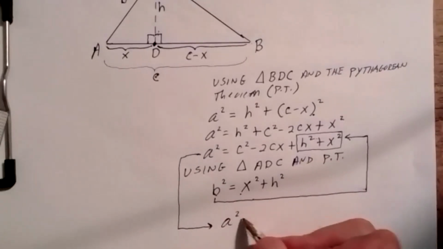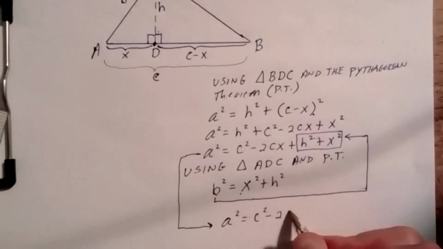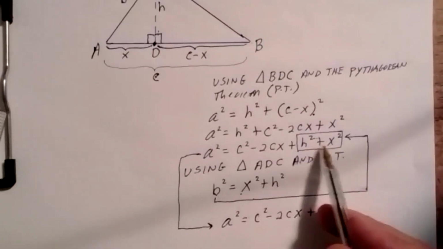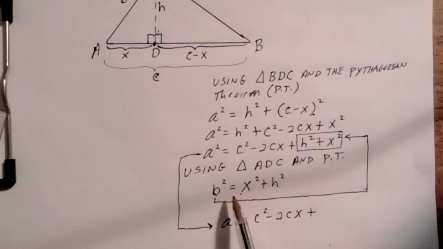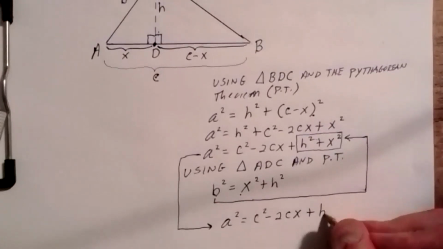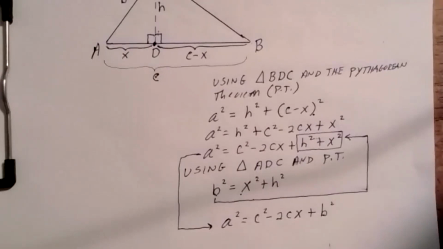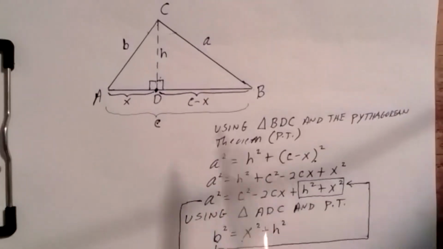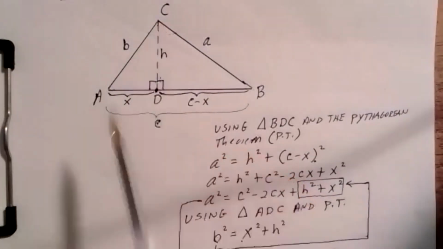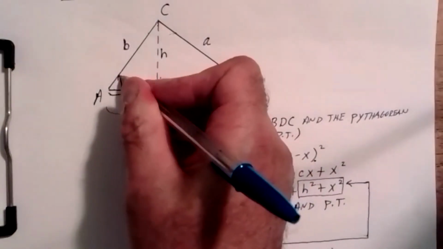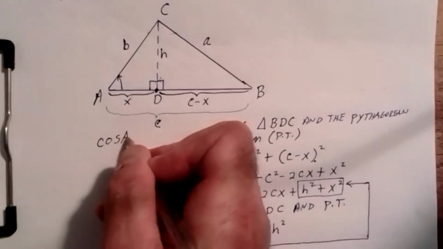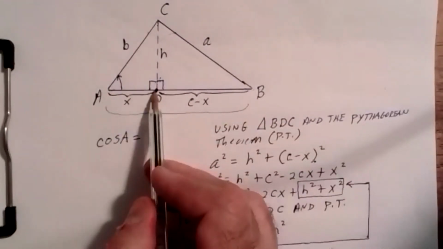a squared is equal to c squared minus 2cx plus what? What goes in place of this? b squared. Furthermore, ladies and gentlemen, using triangle ADC, the right triangle on the left side of this picture, if I take the cosine of angle A, do we agree that the cosine of angle A is the adjacent side over the hypotenuse?